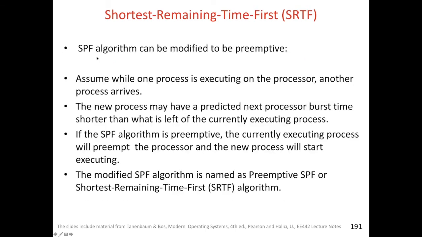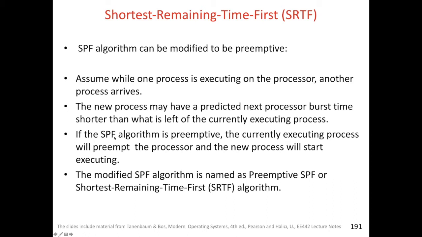Shortest process first algorithm can be modified to be preemptive as explained in the following. Assume that while one process is executing on the processor, another process arrives. The new process may have a predicted next processor burst time shorter than what is left of the currently executing process.